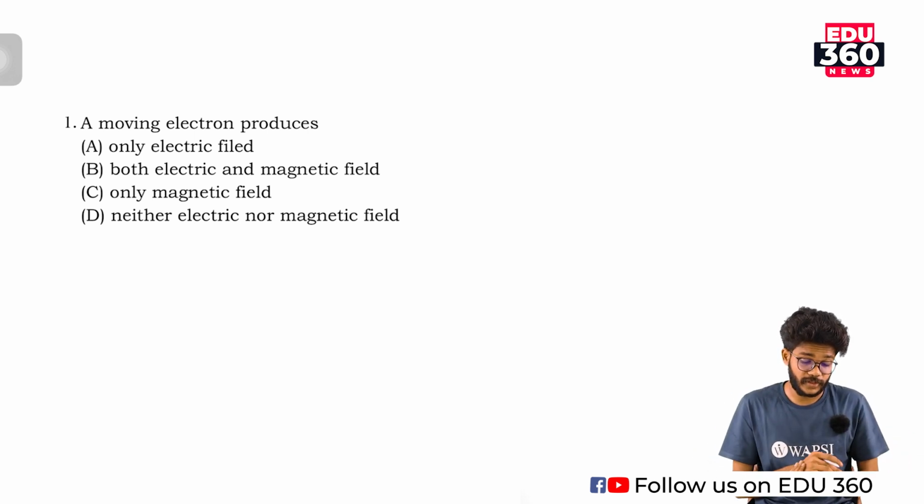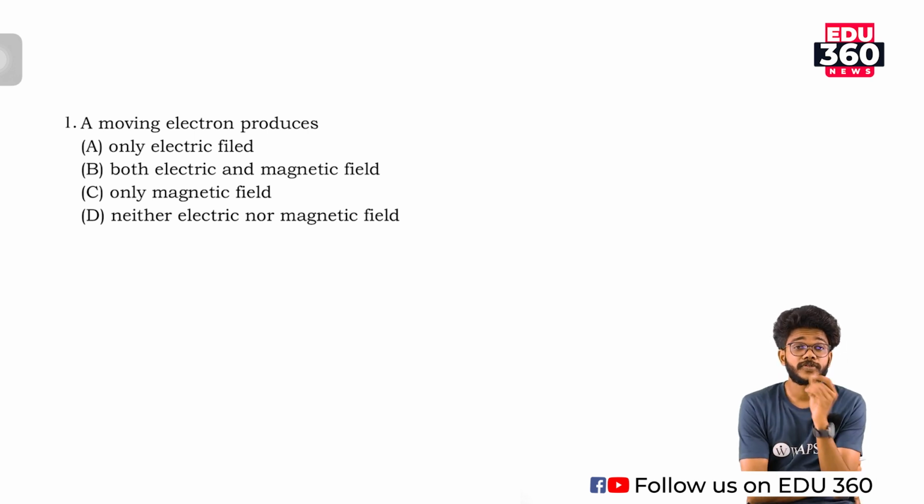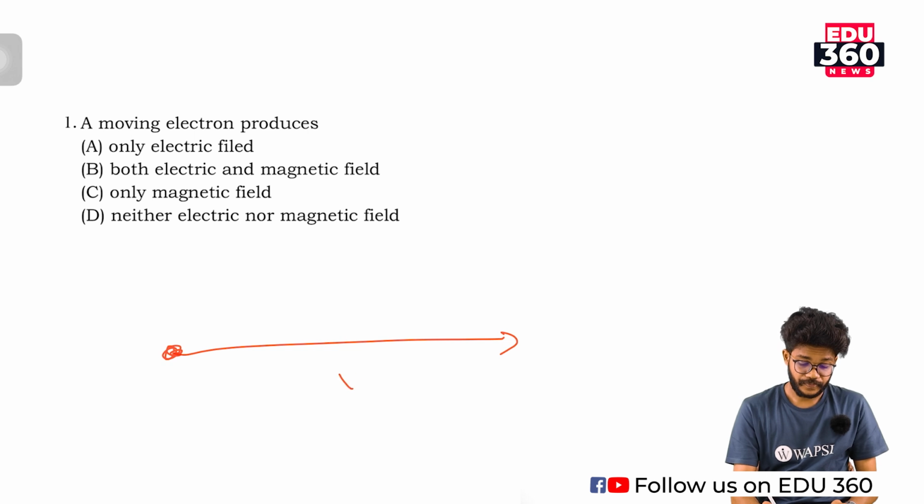The first question is, a moving electron produces... electron means what? Charge. When the charge is at a stationary position, the electric field is a property of electrostatics. Here the electron is moving with a velocity.